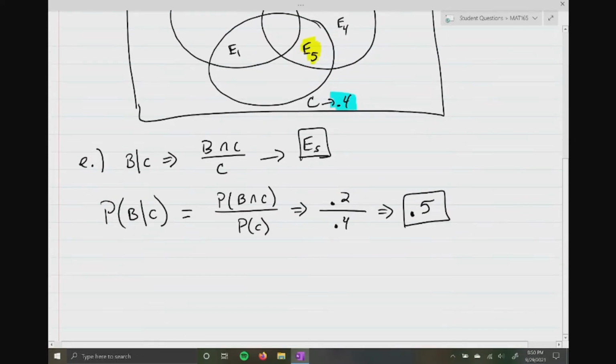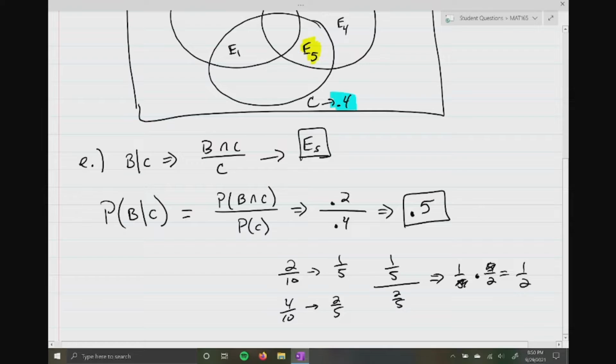Another way to think about that is 2/10, which is really 1/5, and 4/10, which is really 2/5. You have a fraction divided by a fraction. So we rewrite the first, division changes to multiplication, and you take the reciprocal of the second. The 5's reduce, you're left over with 1/2. So that's how we get 0.5, okay?